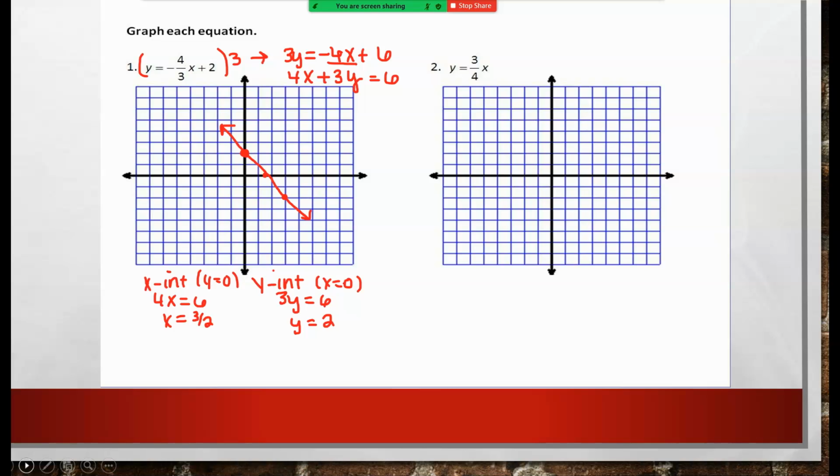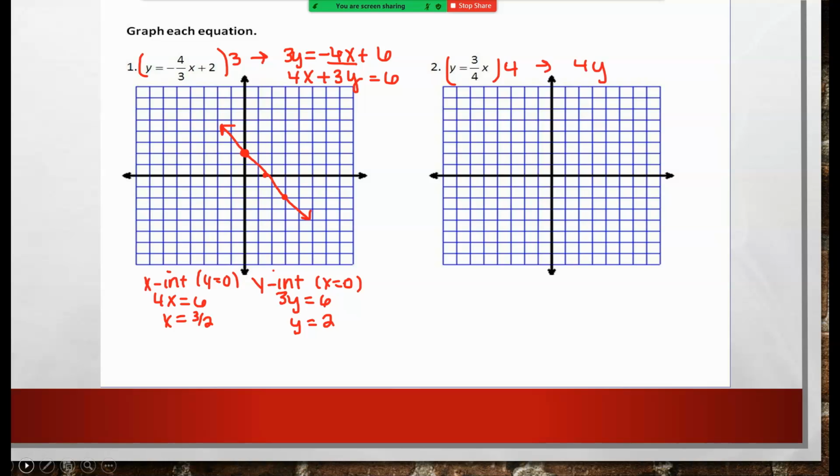All right, let's look at another one. So again, our goal is to get the lines graphed, but at the same time, I want to make sure you know what the x and y intercepts are and practice getting it into standard form. So in number 2, there is no y-intercept, and we're going to see why in a second. To solve this in standard form, you'd multiply both sides by 4.